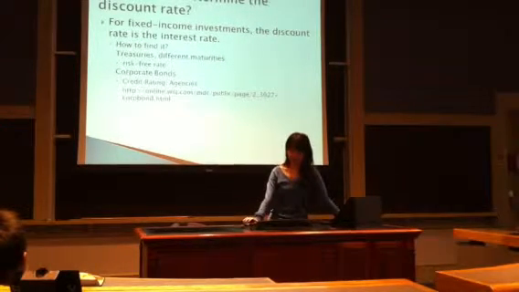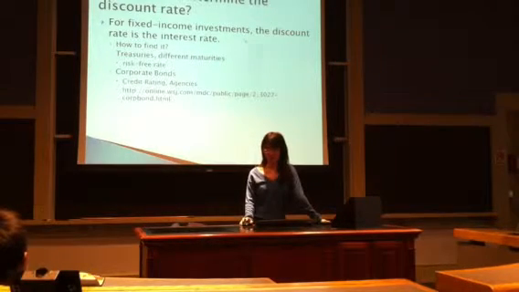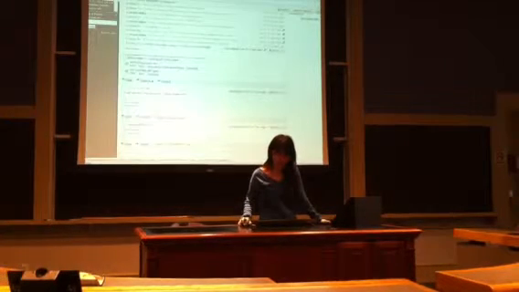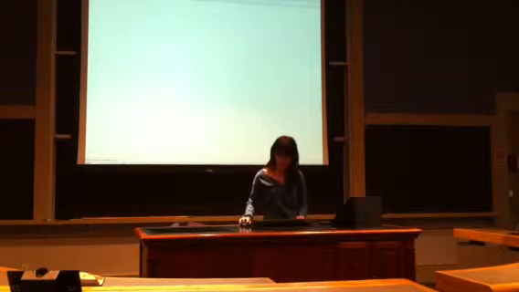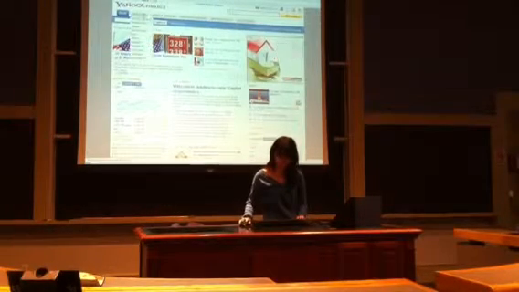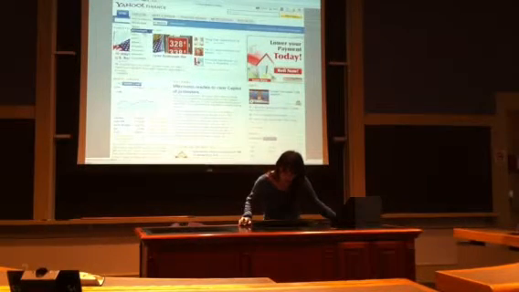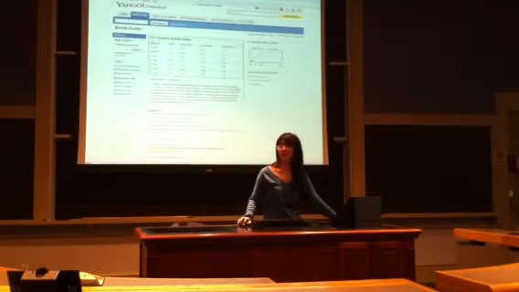For treasuries, you can easily find it on Yahoo Finance or all kinds of finance sites. So for example, if you go to Yahoo Finance and you go to investing and you go to bonds, it gives you all the rates of different maturities.